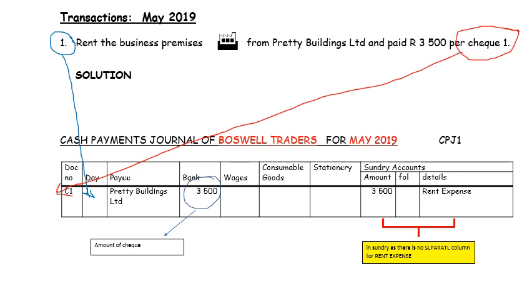Payee is the name of a person or the name of a business or cash. They tell us that this check was made out to Pretty Buildings Limited. The amount is 3,500 rand, so in the bank column, 3,500, which is the amount of the check.